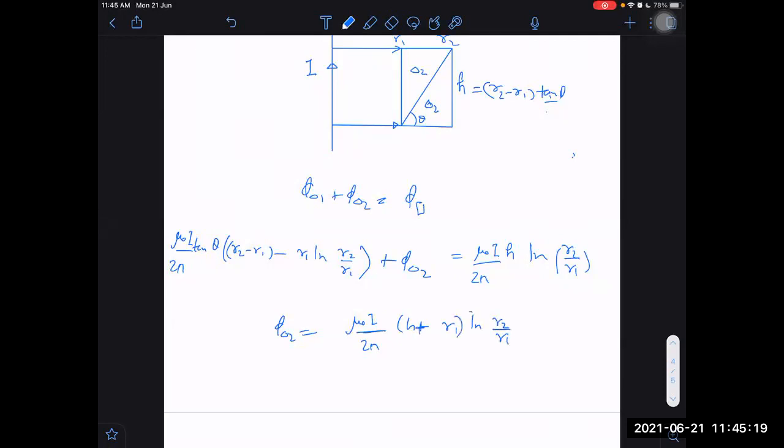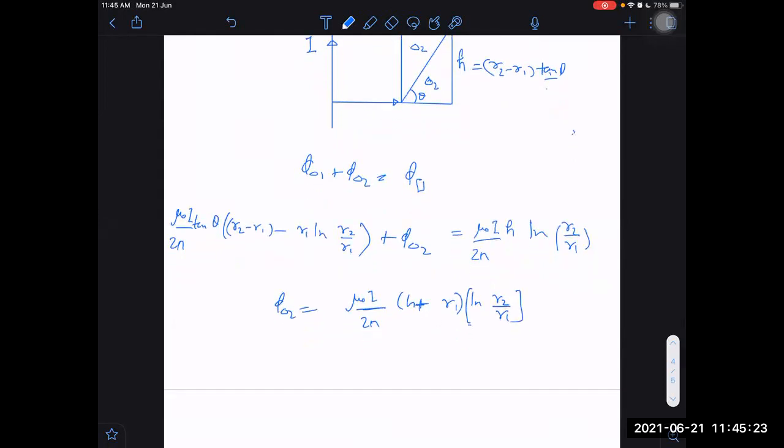Please someone verify, because if it is wrong, then we will take it wrong in your notes. Minus r2 minus r1 into tan theta. Minus is also there. Don't say minus r1 into r. I told you, r2 minus r1 into tan theta is h only.